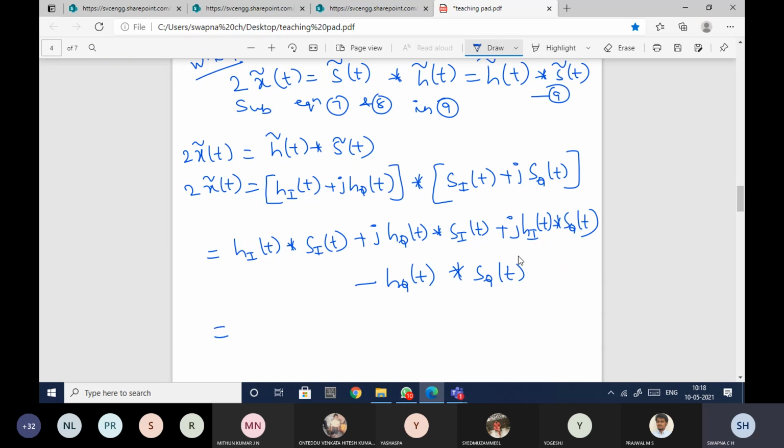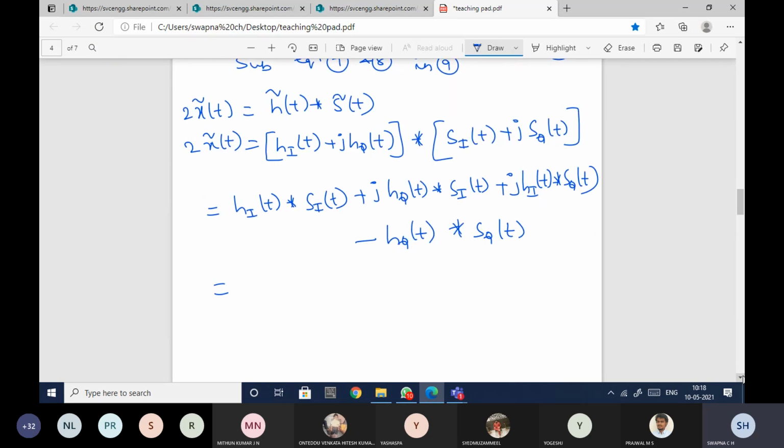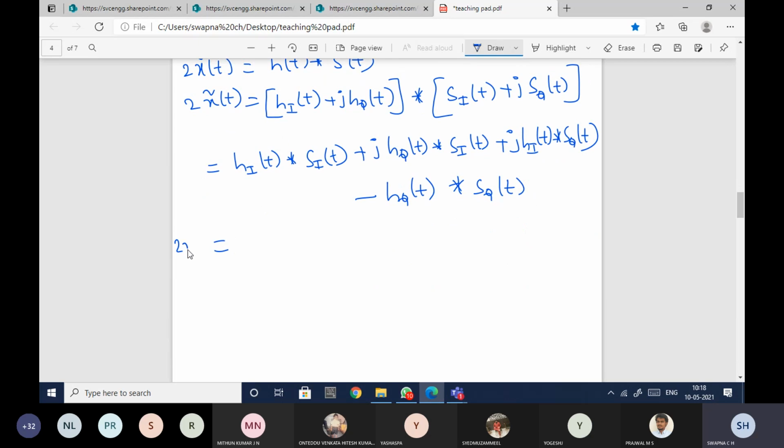Now I'll separate the real part and the imaginary part. 2x tilde of t is hi of t convolution with si of t, this is the real part, minus hq of t convolution with sq of t.